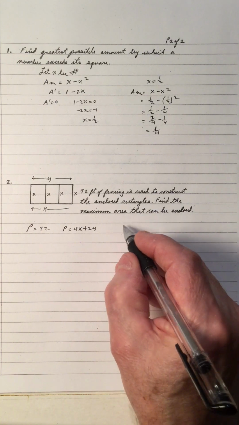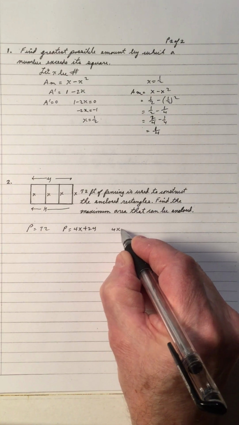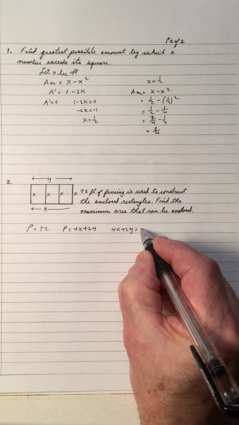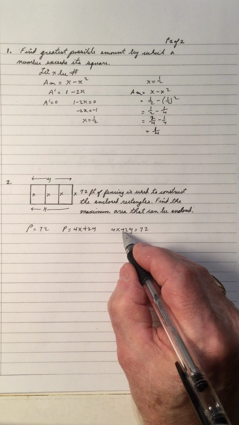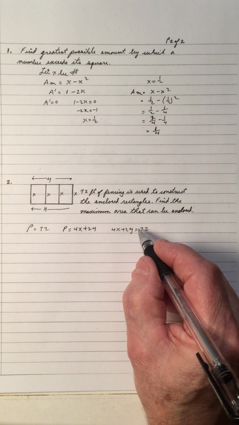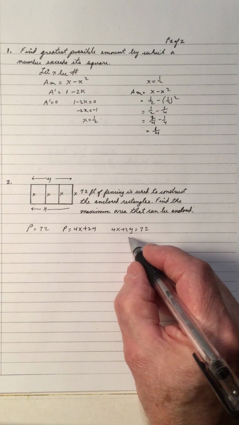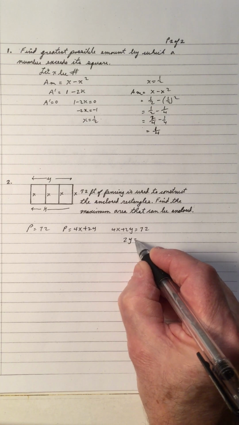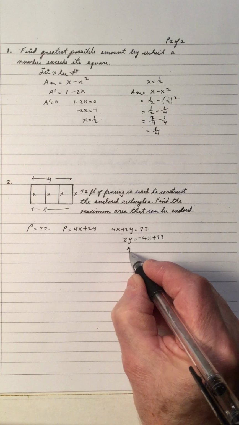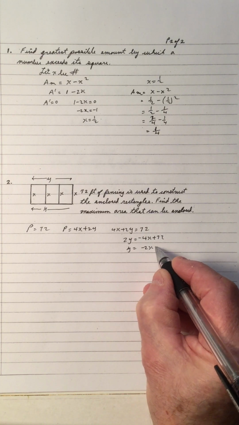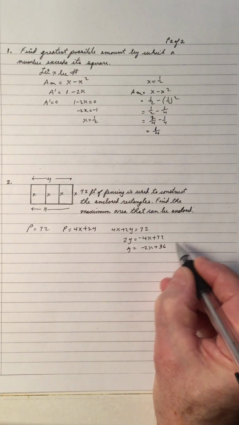So that means 4x plus 2y is equal to 72. Now we have an equation with x's and y's in it. So we solve the equation for y, so y equals negative 4x plus 72. Divide by 2, I get negative 2x plus 36.